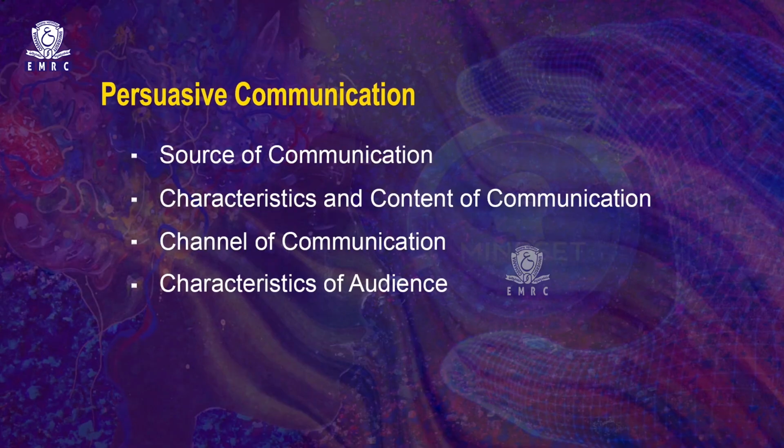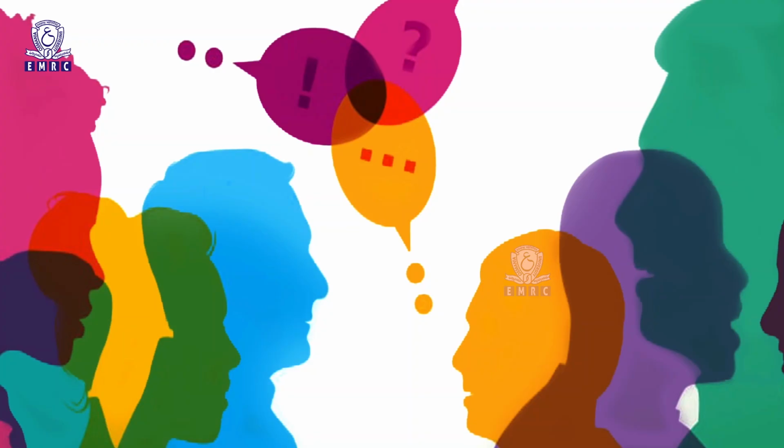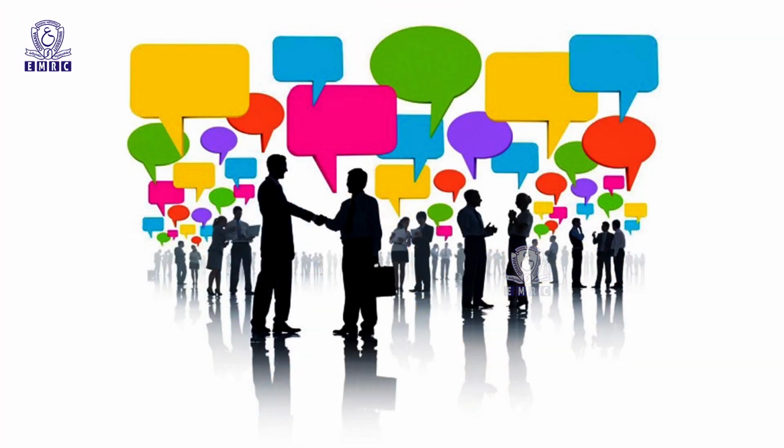The next factor is the characteristics of the audience itself. Effectiveness of communication aimed at changing attitudes of audience is also dependent upon the characteristics of the audience who are receiving the message. It's been found that people who are pretty high in self-esteem, self-confidence, and are aggressive by nature are less likely to be affected by the communication to change their attitude.